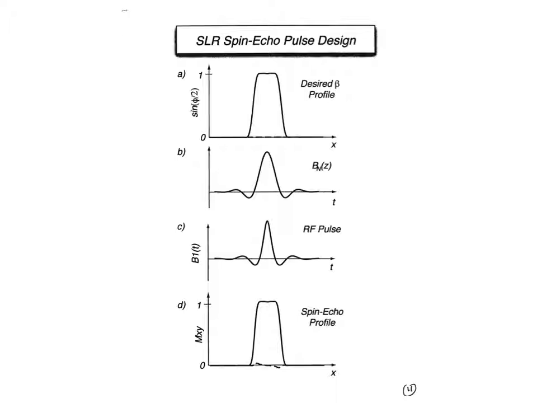So you have to narrow the pulse shape, the main lobe. Any design algorithm to generate a given rotation, or a given slice profile, should have a narrower main lobe than the main lobe of the linear design, in order to widen that pass band. And then this RF pulse generates the spin echo profile that we want.